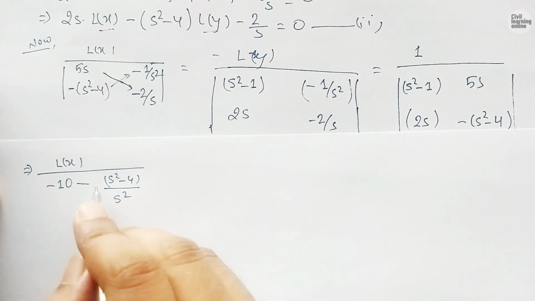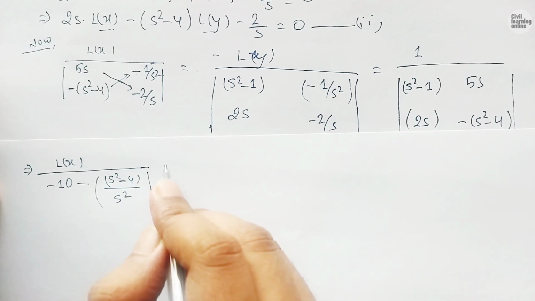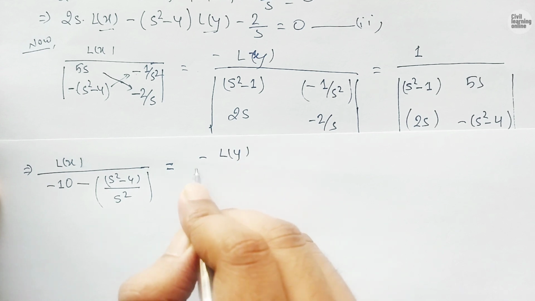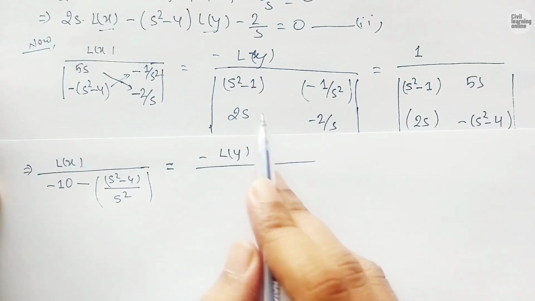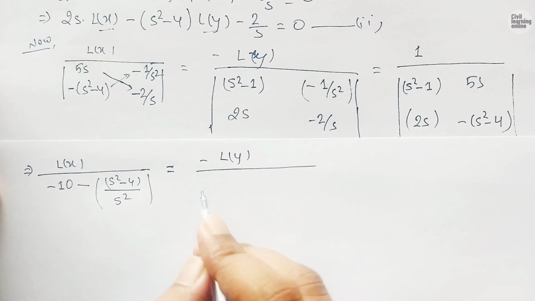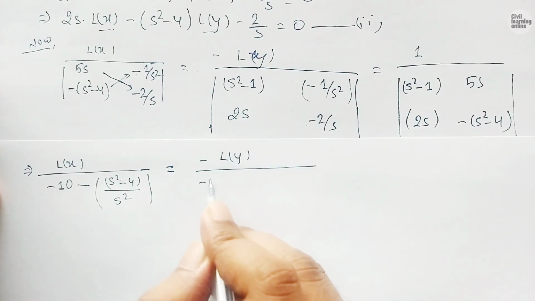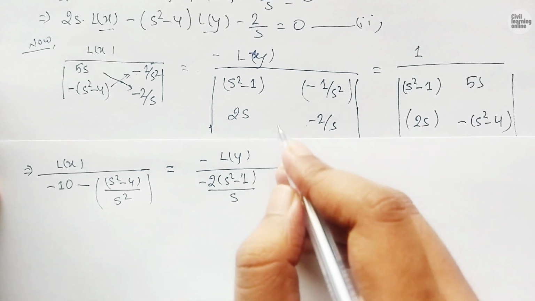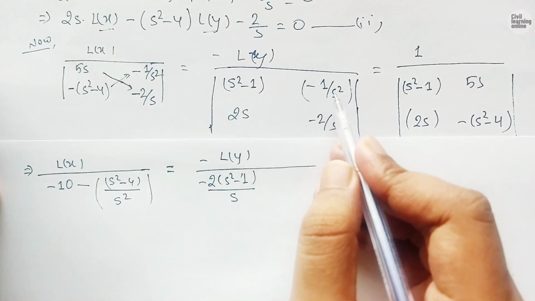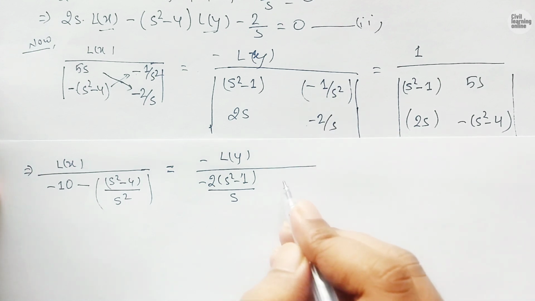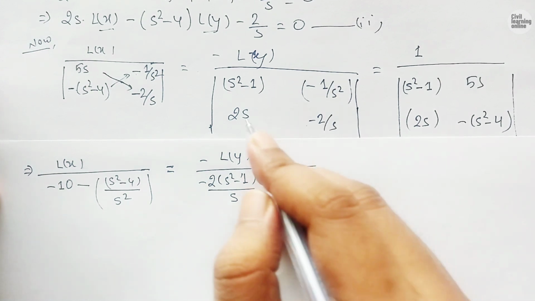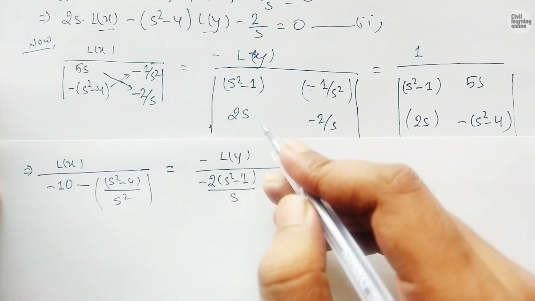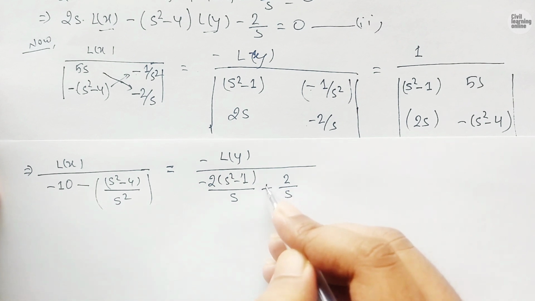Okay, now we will have equals to minus Laplace transformation of y upon, now multiply these two, so we will have here minus 2 means minus 2 s square minus 1 upon s, and multiplying these two, s and s gets cancelled, so we have up here 2 upon s, and minus will minus this minus, and well, we are moving upward, so that minus will make it plus 2 by s.